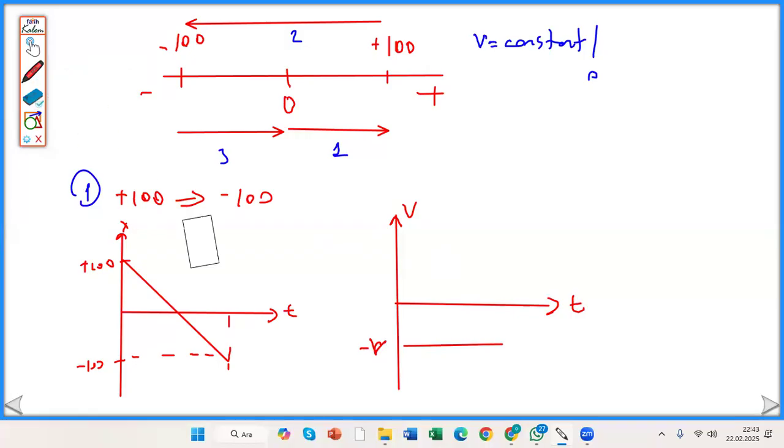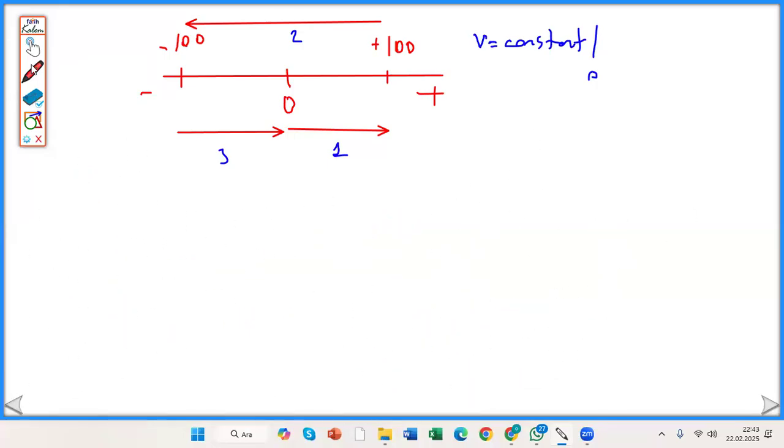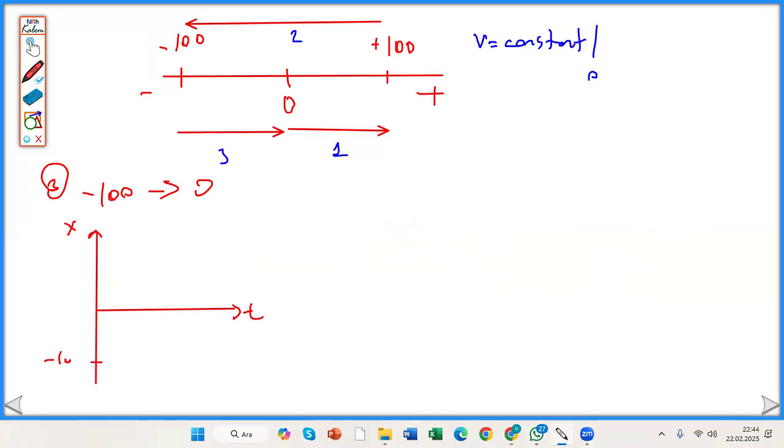Let me show you the final trip. Let's look at the final motion. This time our first position is minus 100 and 0 is our final position. So for the position-time graph, this is minus 100 to 0, and it has a linear rate of change, as you can see here.